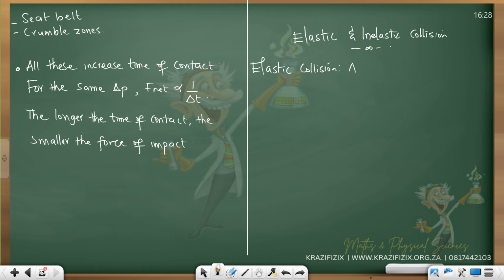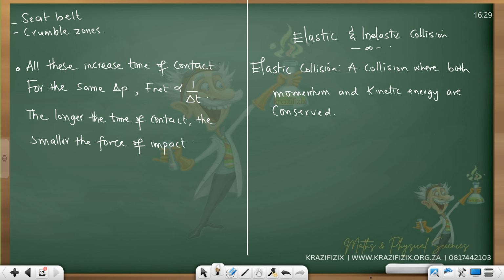A collision where both momentum and kinetic energy are conserved. And that would lead you to a simultaneous equation. Once you see the word elastic in a question, please do the momentum, then the kinetic energy, and then equation 1 and equation 2. That's very, very important.